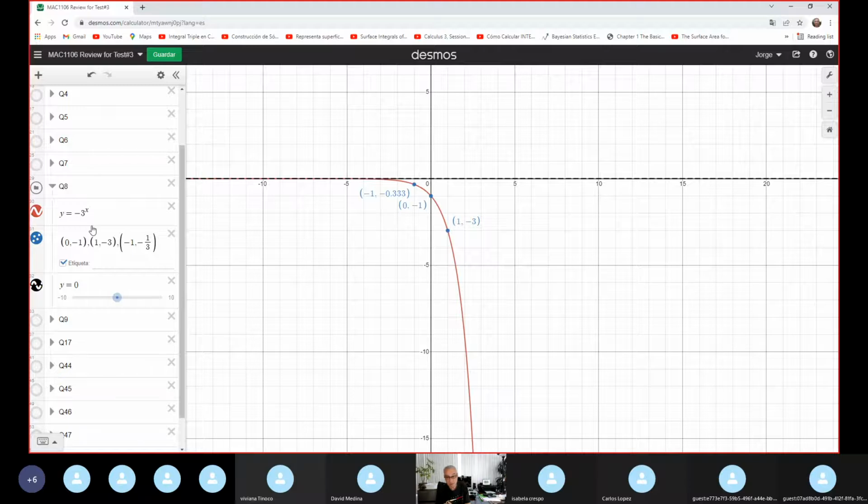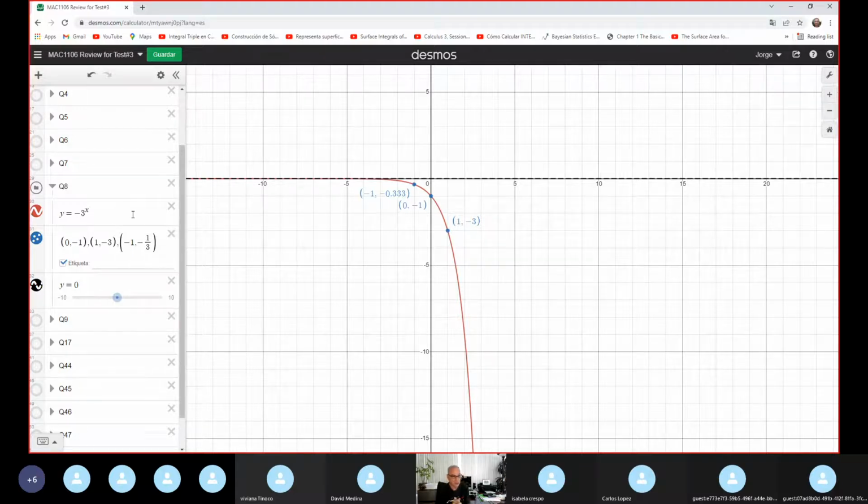The traditional exponential that you know, where the base is greater than 1, is exponential growth. However, this is decay, it's decreasing, because it's a reflection. And the classical points would be 0, -1; 1, -3; and -1, -1/3.